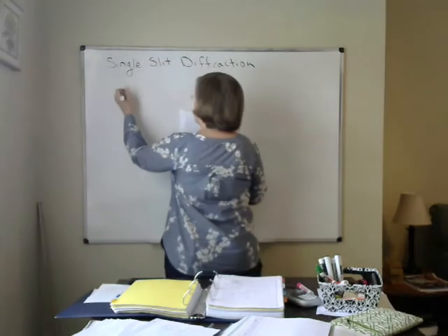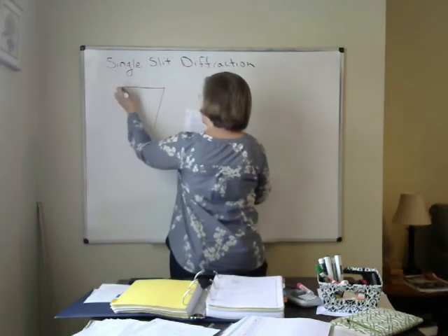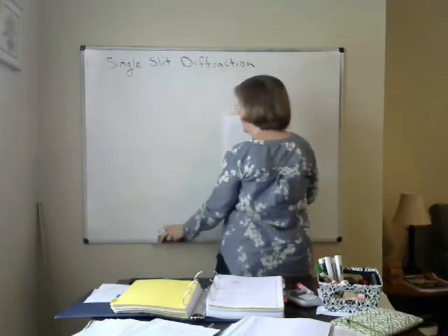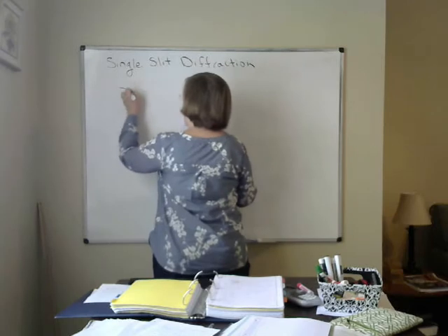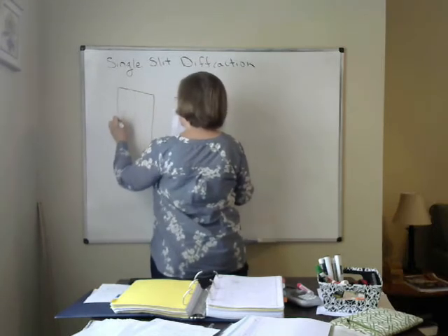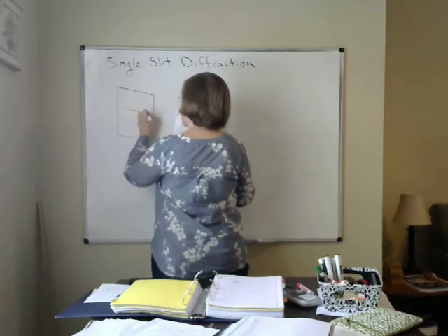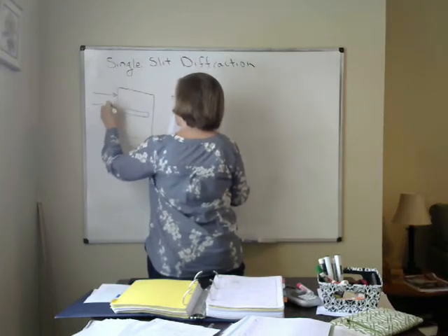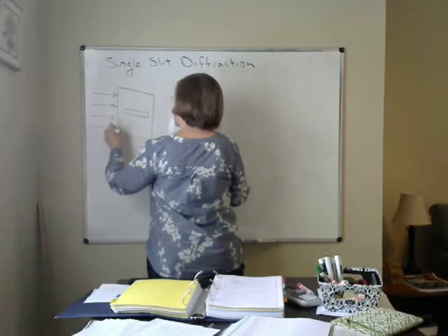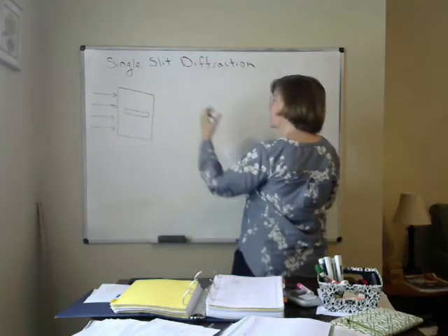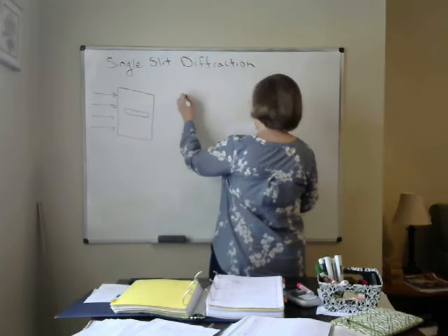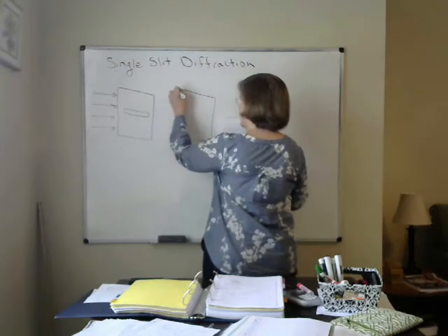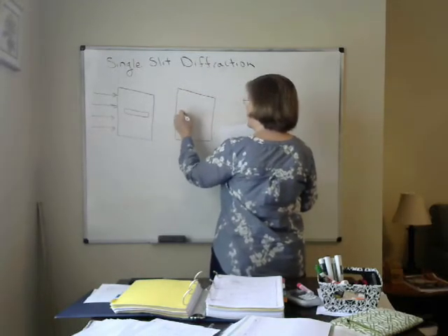If I have a screen or a sheet, and I cut in that a single slit of some width a, and I shine a bunch of parallel light rays, if all those lights are coming perfectly parallel, our intuition says that on the other side here, it should make a shadow essentially.